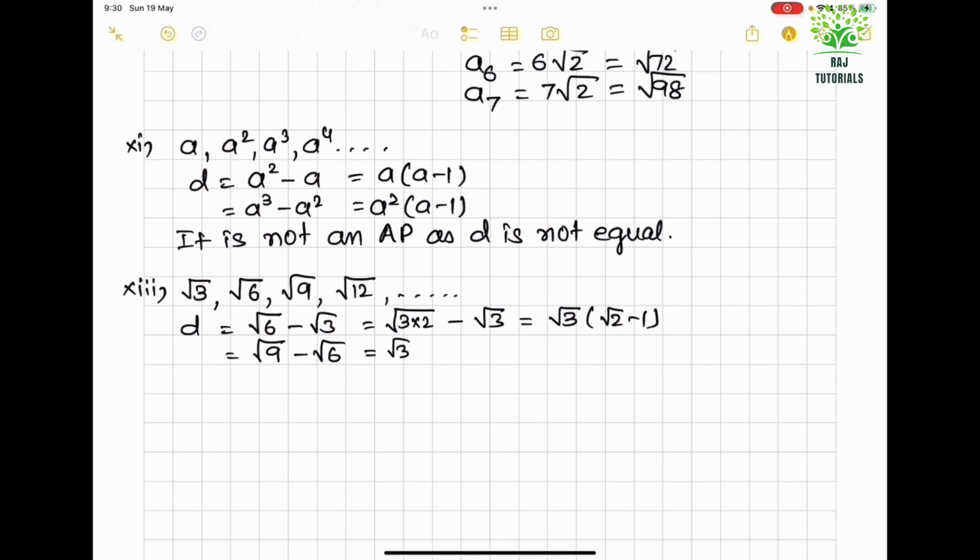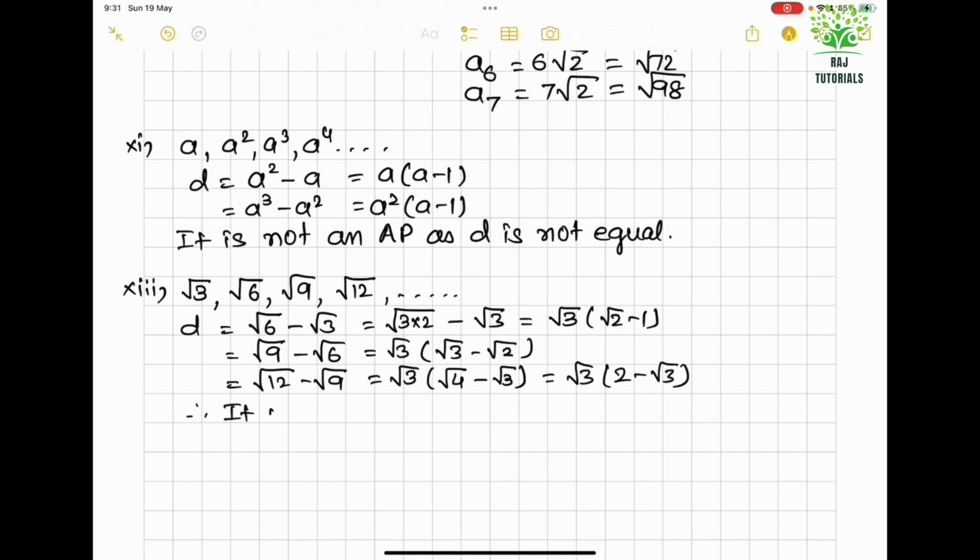So this will be root 3 minus root 2. Then root 12 minus root 9. Root 3, if I take common, root 4 minus root 3. That is root 3 into bracket, root 4 will be 2, minus root 3. Therefore, it is not an AP as d is not equal.